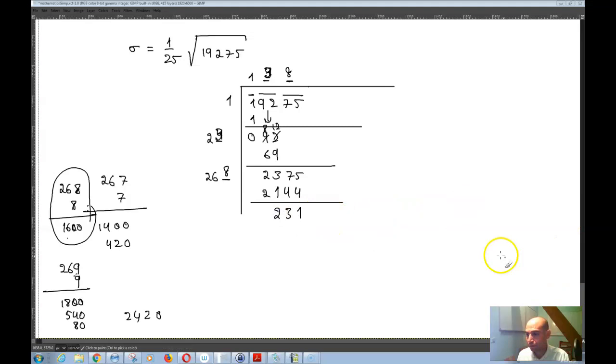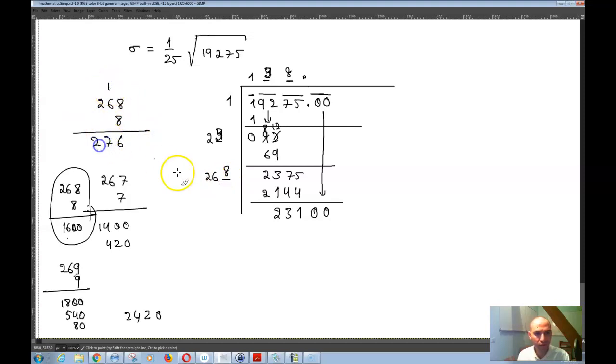And then you can, for example, add a decimal point, 2 zeros, and then bring down these zeros. Add 8 to 268, that's 276.